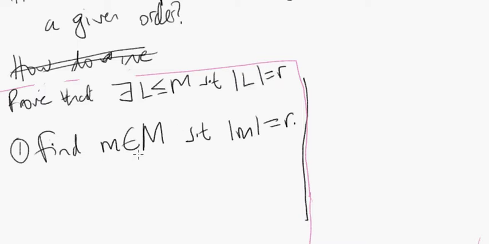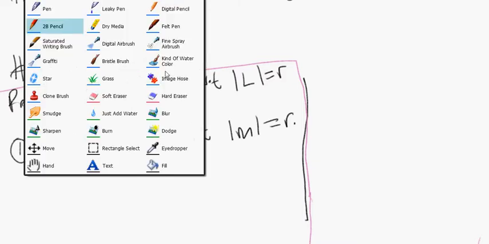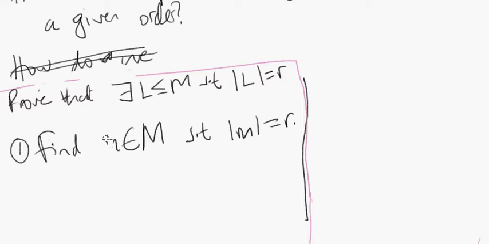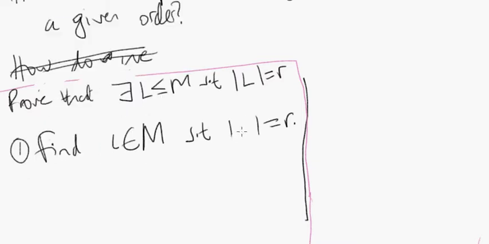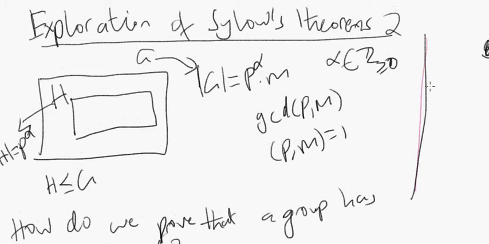One strategy is to find some little l, an element of M, such that the order of l equals R. So why is this valuable?